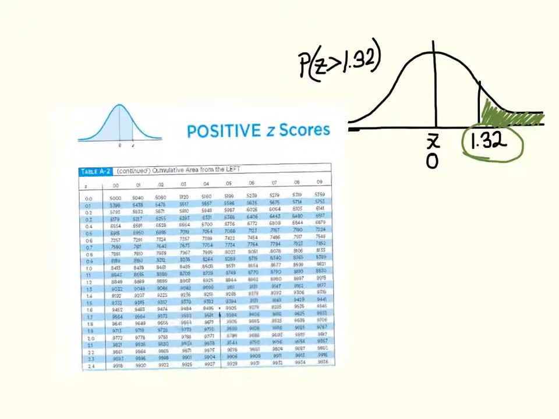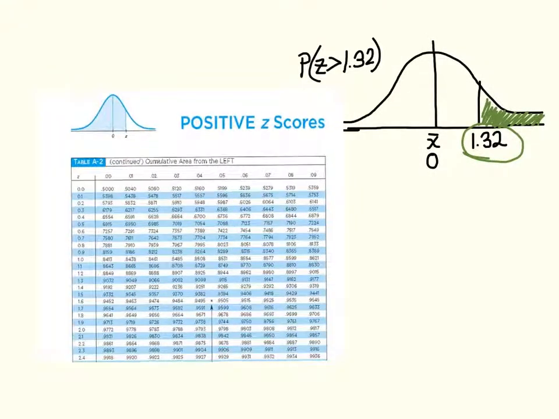In this chart, it tells us the areas being given to us come from this part that's shaded in blue, which is marked off at the z right here. So at 1.32, we are at 1.3 over here at the 2 column, which is right here. Where they meet is 0.9066.